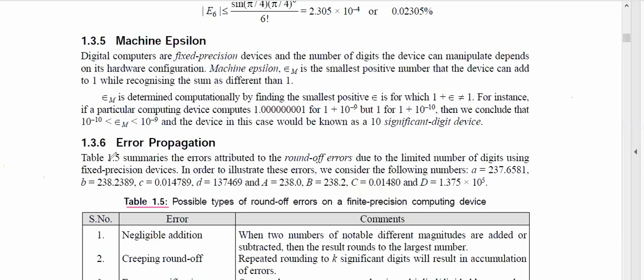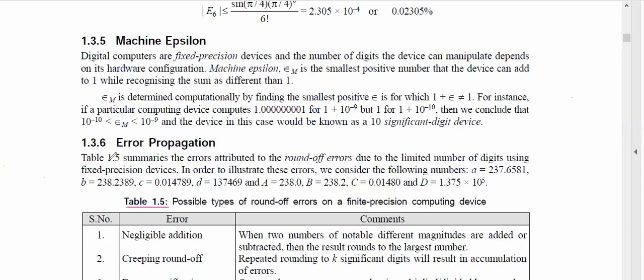Propagate means to forward the things ahead, to move the things ahead. चीजों को आगे बढ़ाना, एरर को आगे बढ़ाना. एरर कैसे आगे बढ़ती है?